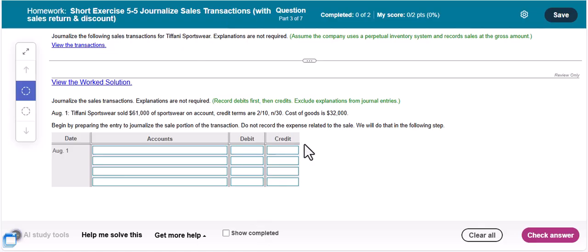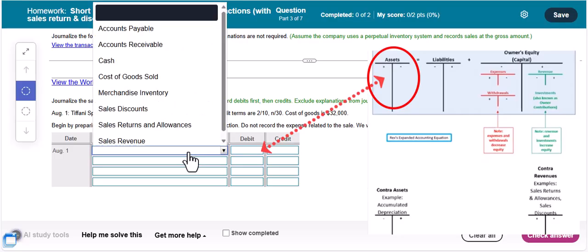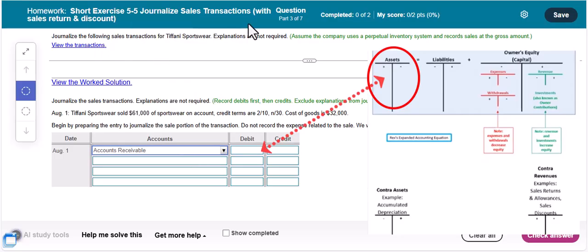So we are selling this on account. So you'll see that on account right here. So are we getting cash? No, instead of cash, we're getting accounts receivable, which is an asset. So this asset, is it going up or down? It's going to be going up. So we're going to debit accounts receivable, and that AR is going up by $61,000.